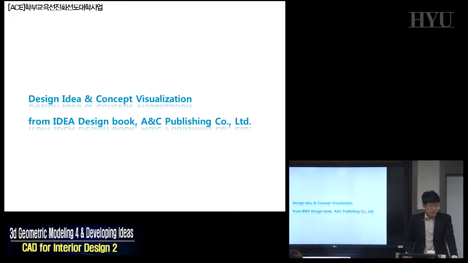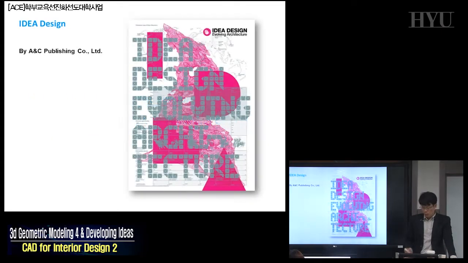And then, as continued pages from last week, I would like to introduce you some more idea design book examples for developing your ideas and concepts. Idea and concept visualization. Let's take a look at how we can develop our concepts in terms of digital design.